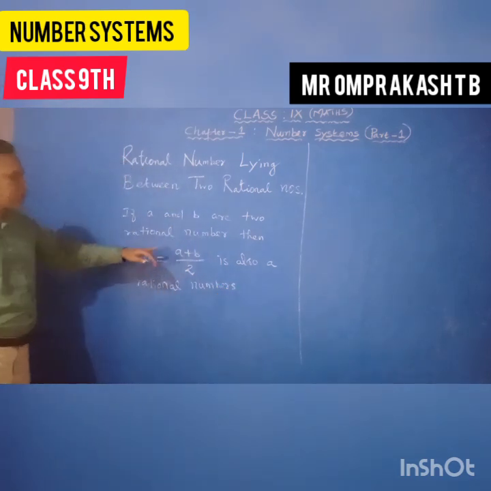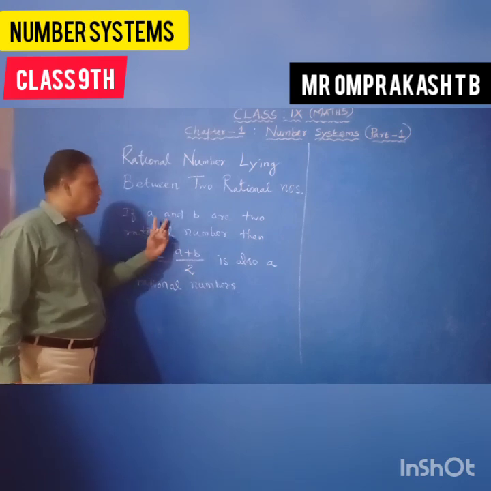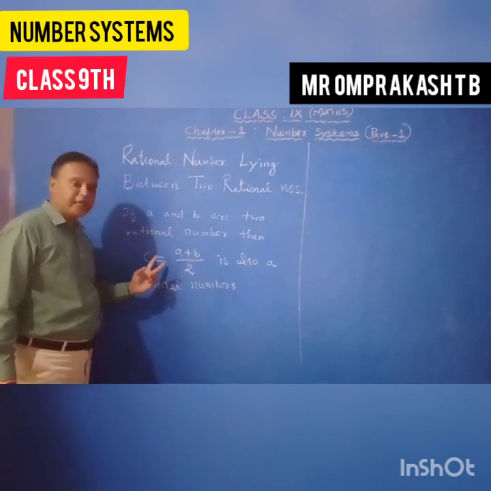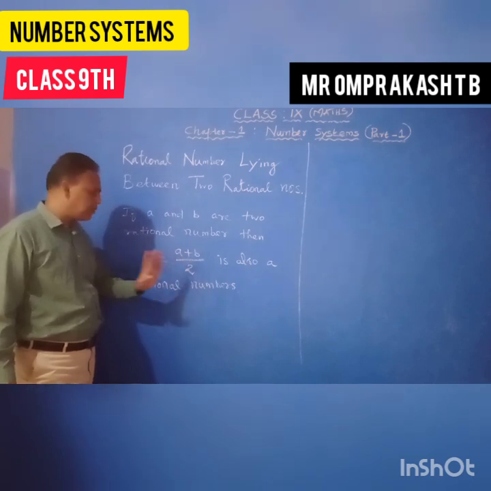So here C is also a rational number. So to find one rational number between two rational numbers, what you have to do is just add and divide by 2.